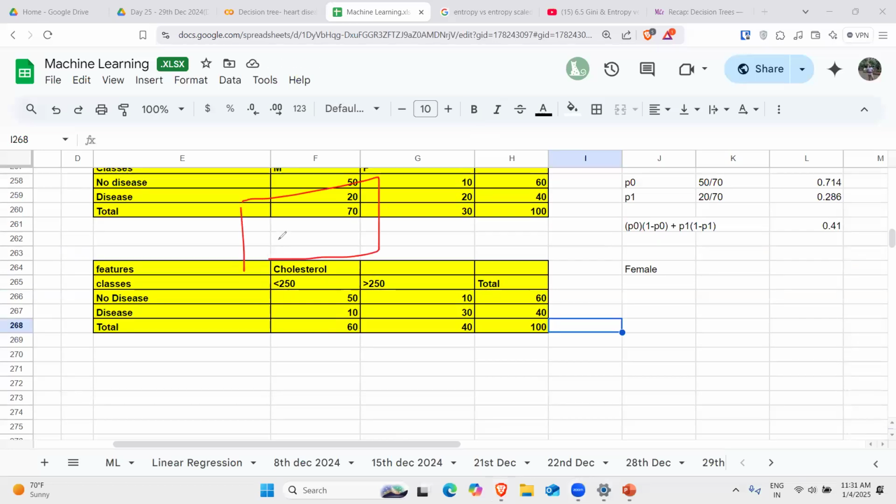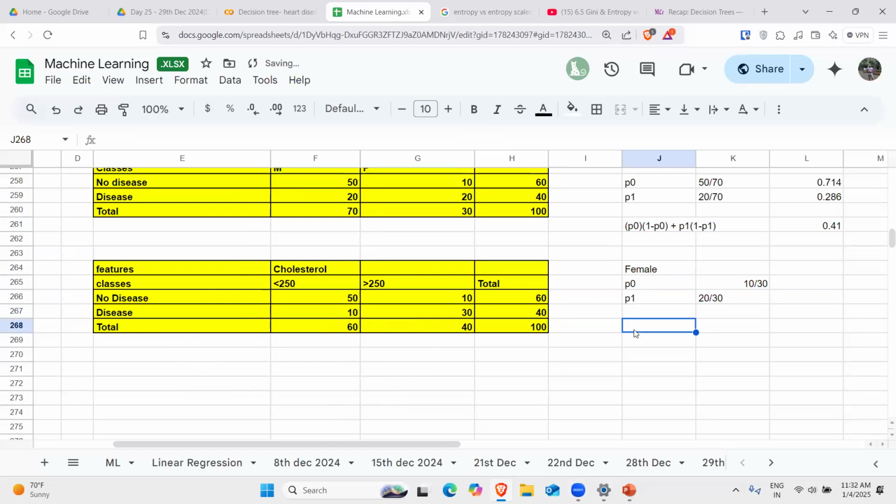It will be 10 and 20, right? 10 this side, 20 this side. Now what you'll do is you'll again find the probabilities of class 0, that is your 10 by 30. Probability of 1 will be 20 by 30, right?